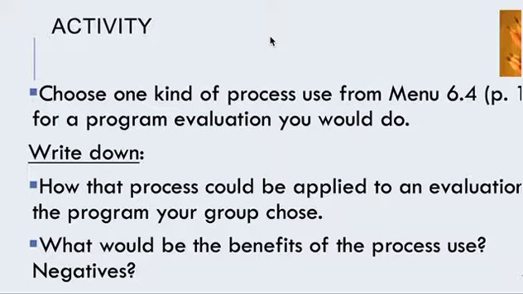And I'd like you to identify a process use taken from menu 6.4 and discuss and write how that process use could be applied to an evaluation of a program that you choose to do. And what would be the benefits of this process use? And what would be the negatives?